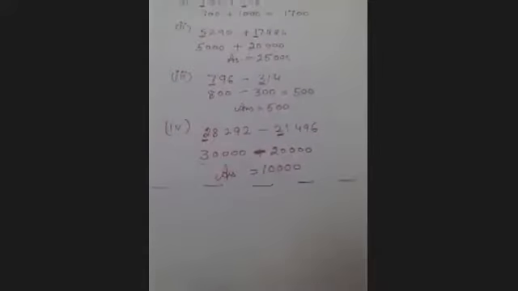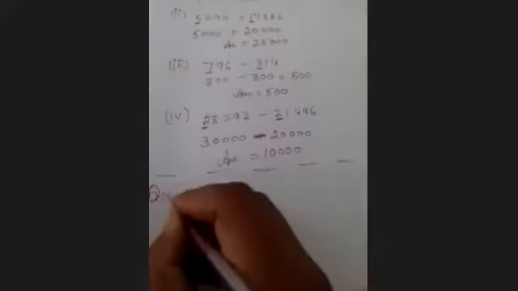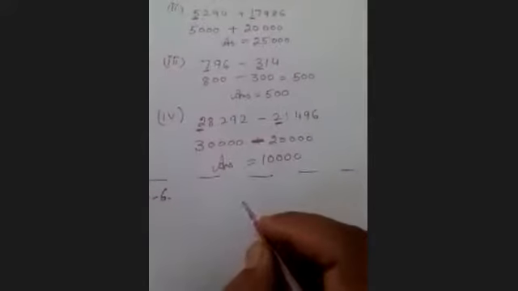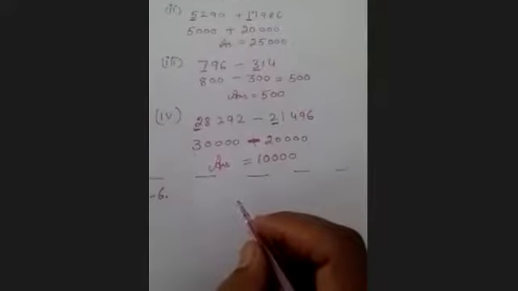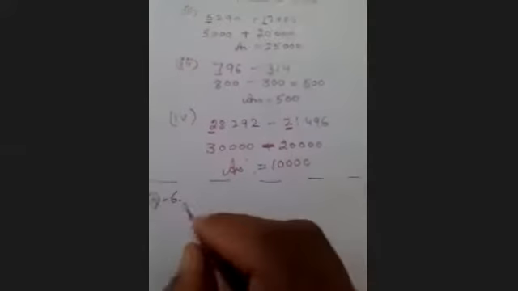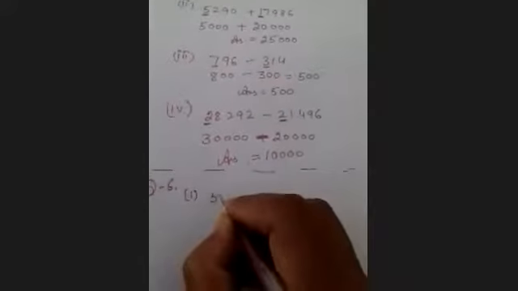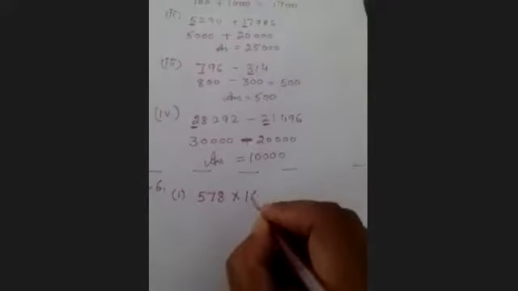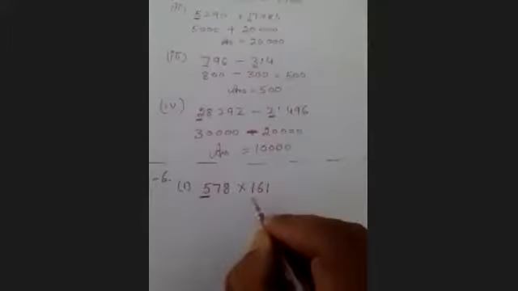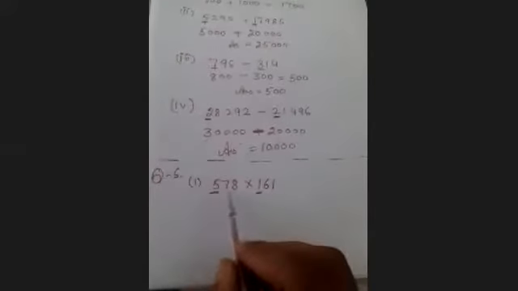Next is question number 6. Estimate the product to the nearest greatest place. The 6th question, first part: 578 multiplied by 161. The greatest place in the first number is 5 and in the second number 1.